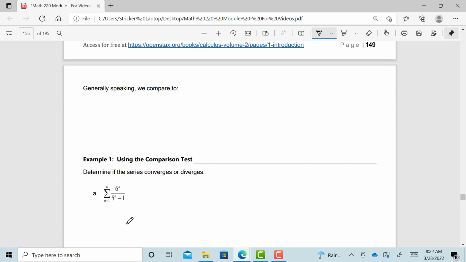Before we do an example, generally speaking, there are two series that we're going to compare to. We're going to compare to those series that we've been studying. So the geometric series. You remember its form. It looks like A times R to the n minus 1.